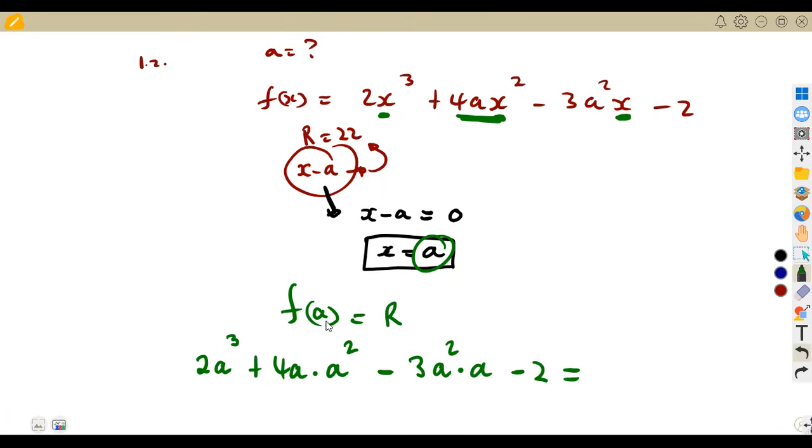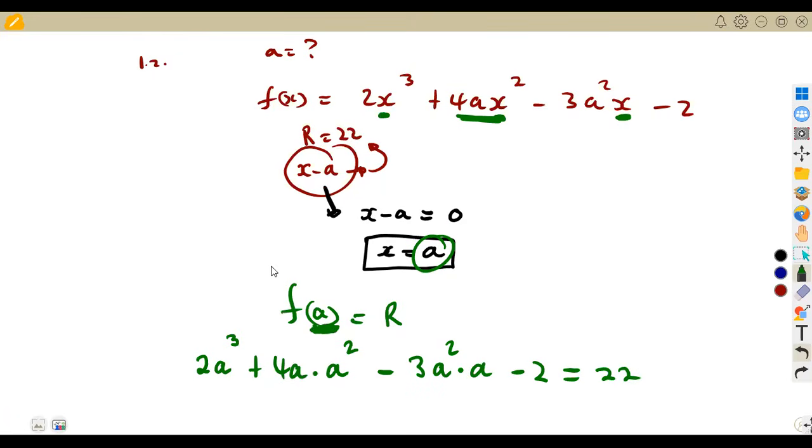This is equal to f of a, where in place of x we have substituted a. But we are saying f of a must be equal to the remainder. What is our remainder? Our remainder is 22. So you're supposed to equate this to 22.